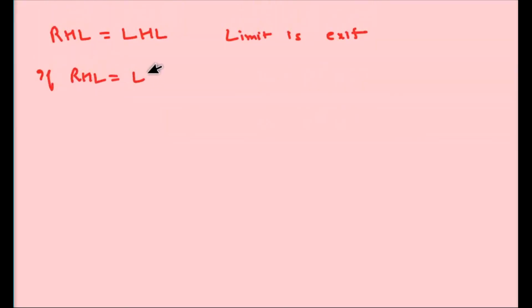So if anywhere RHL equal to LHL, then we can say the limit exists. And also if RHL equal to LHL and equal to f(a), then we can say at x equal to a, the function is continuous.